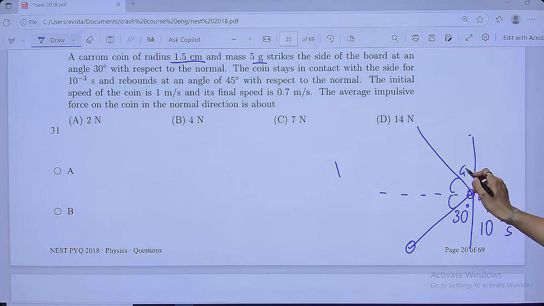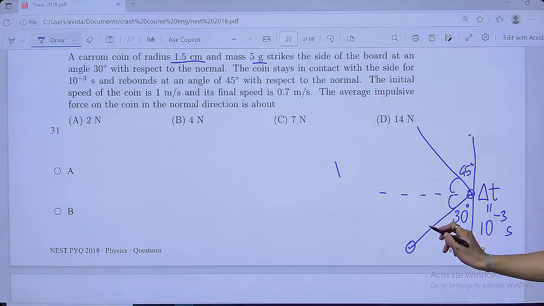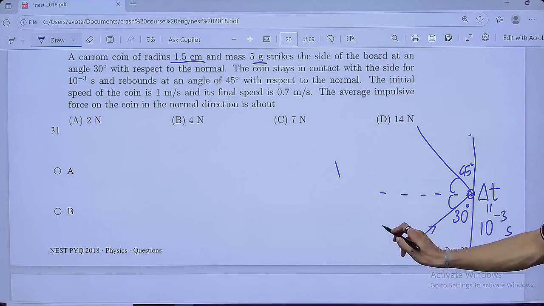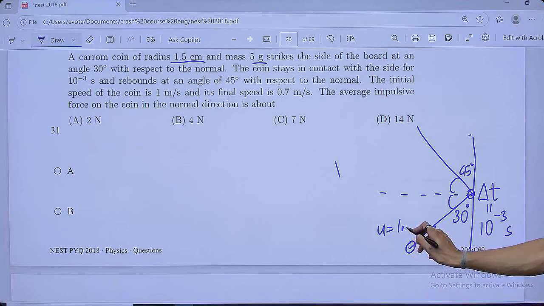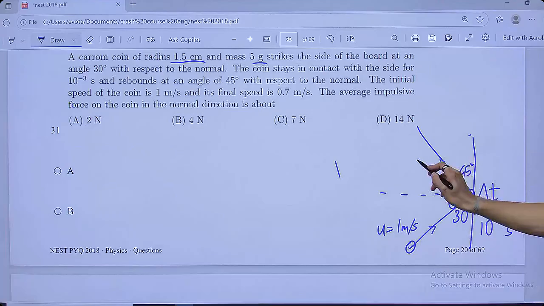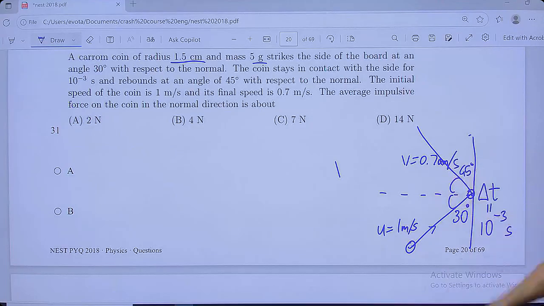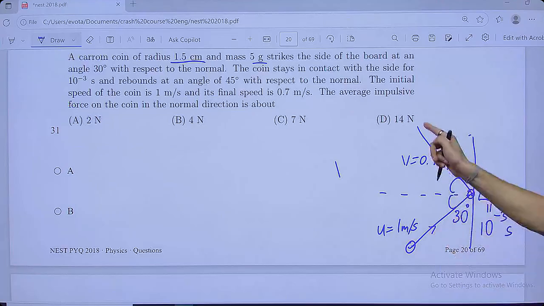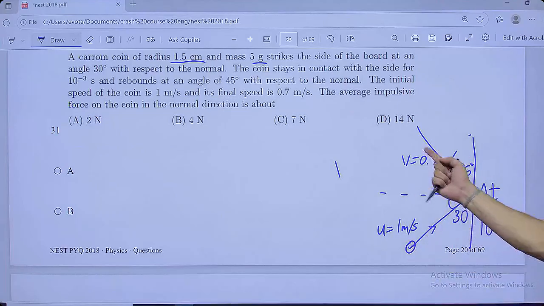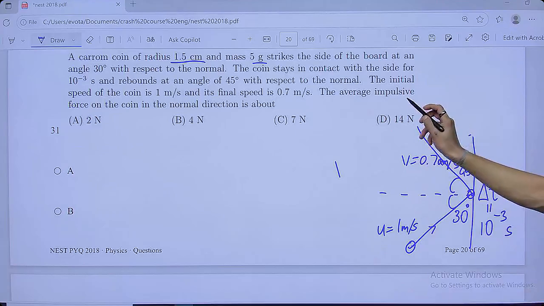Let's draw this at 45 degrees with the normal. We have been given the initial speed u, which is 1 meter per second. And final speed also we've been given, v is equal to 0.7 meter per second. These are the total magnitudes of speed in the direction of motion. Keep this in mind. Now we need to find the average impulsive force.